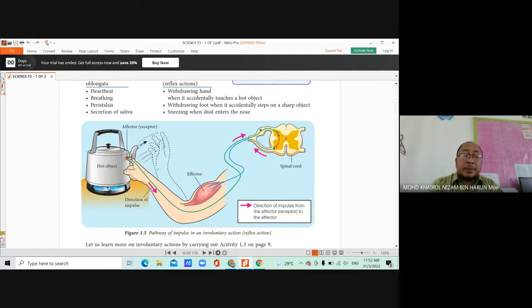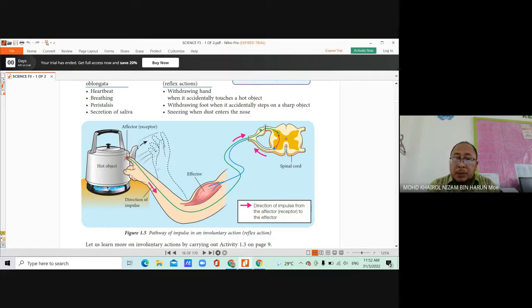The receptor will detect hotness, and this will be transferred through nerve, and the nerve will change the information into electrical impulses and send to the spinal cord.